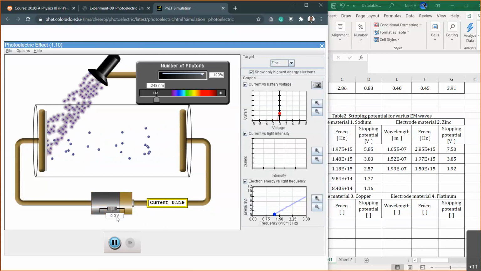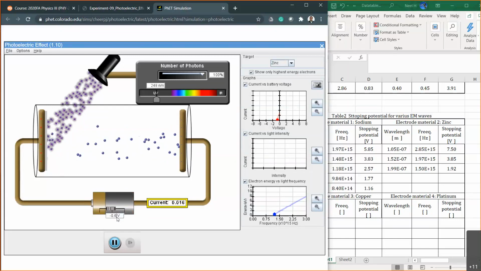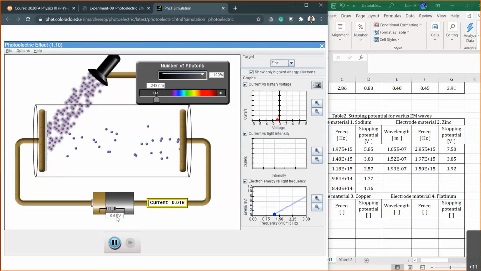We have a current. Let's try with -0.5. Still there's a current. -0.7 is 0, which means 0.56, 0.57, 0.6 is 0, 0.65.